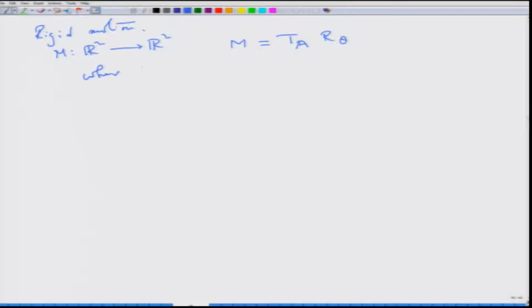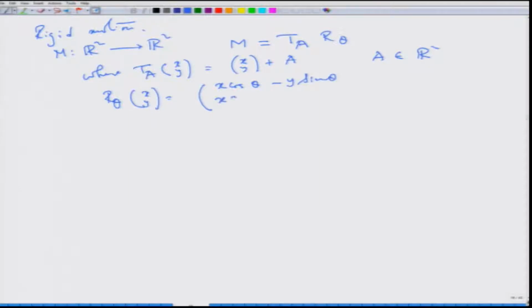So, what is translation? Translation is, suppose I have the vector (x, y), then (x, y) plus a in R2. And what is rotation? This is simply rotating by an angle theta. So, such a thing is called a rigid motion.